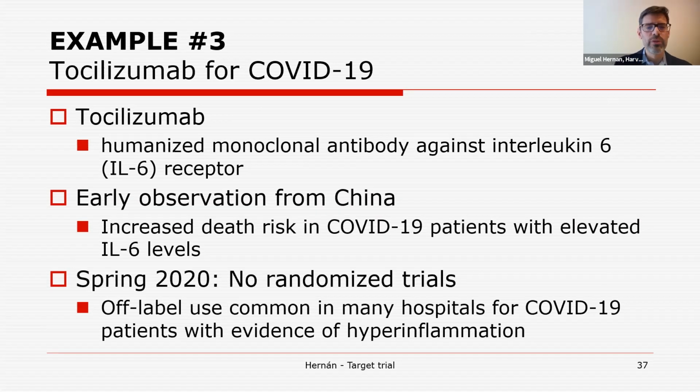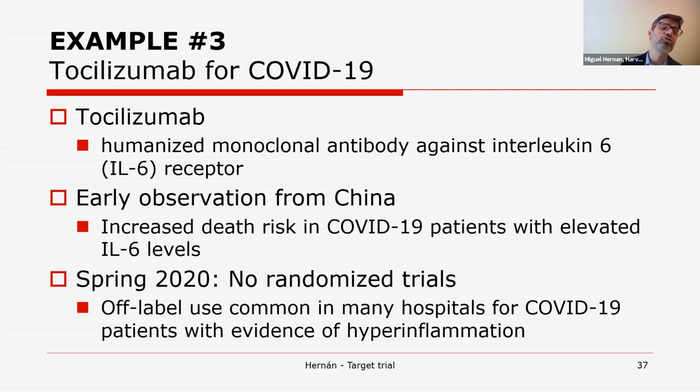So let me finish with one example from the COVID era, the example of tocilizumab. This is an antibody against the interleukin-6 receptor, and it was observed already in February in China that people with high levels of IL-6 have an increased risk of death when they had COVID.